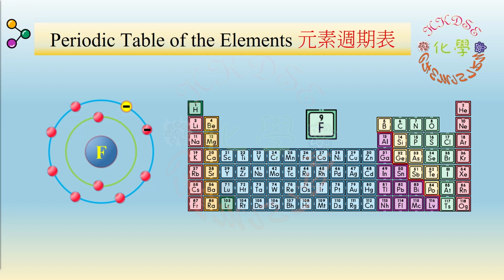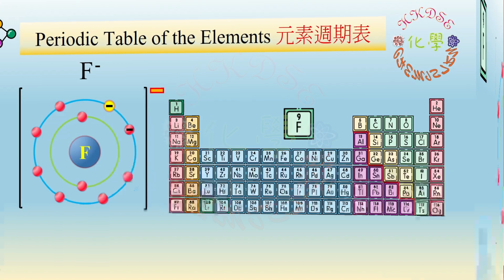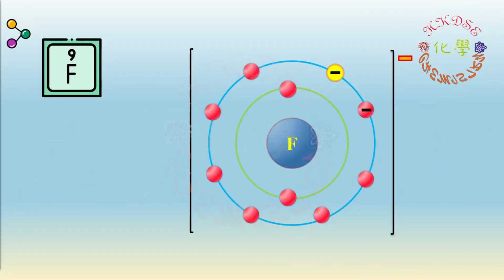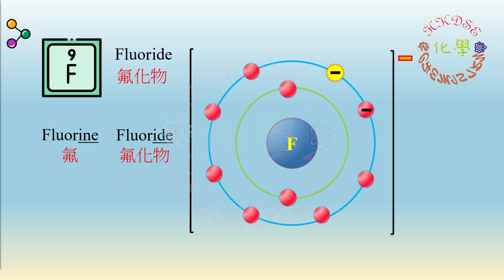Hence, fluorine will gain 1 electron and become fluoride ion. The chemical symbol of fluorine will change from F to F-. Something to take note of here is that unlike cations, anions take the root of the element name and apply an -ide ending.